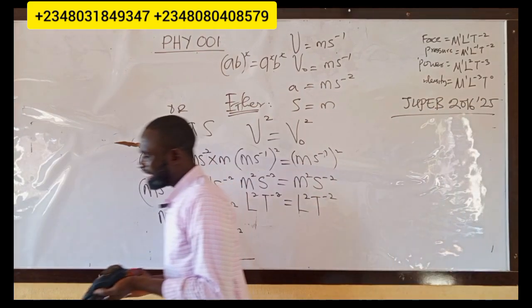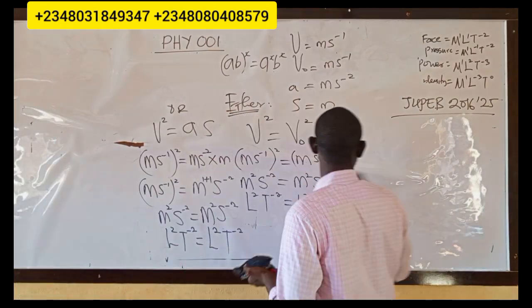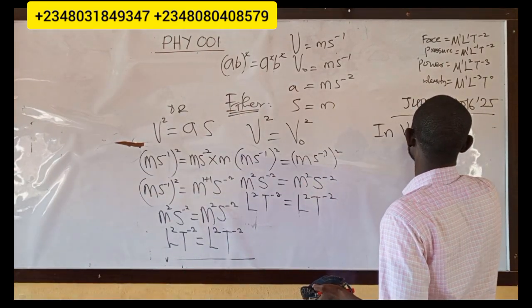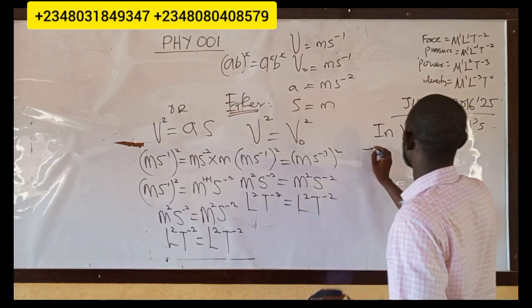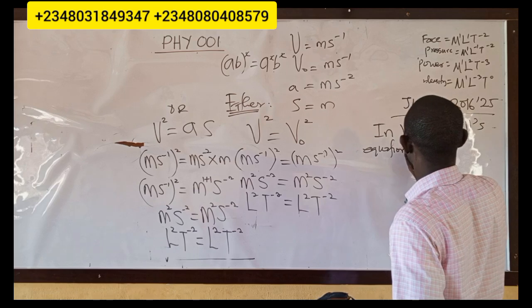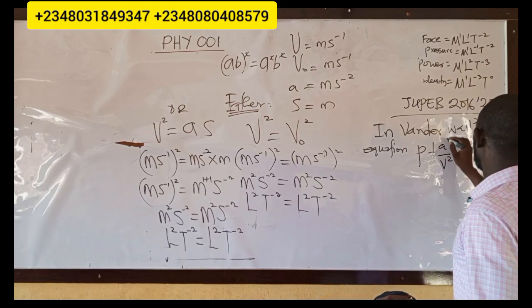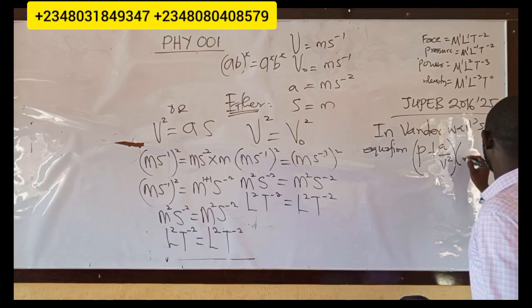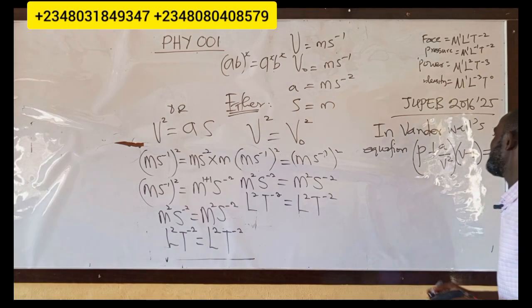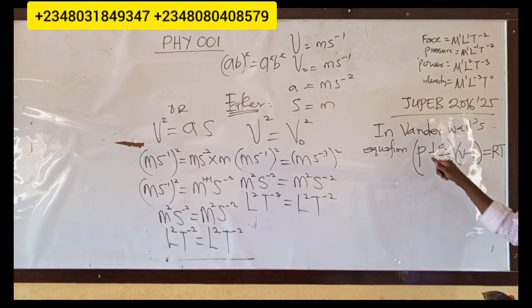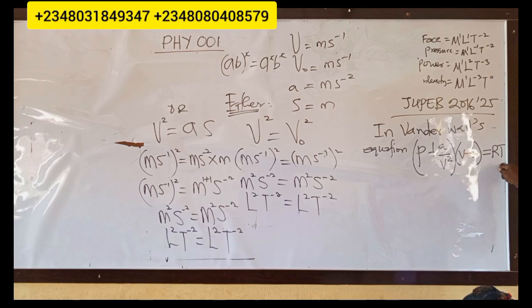It said, in the Van der Waals equation, the equation was given as P plus A all over V squared, bracket V minus B, equals RT.